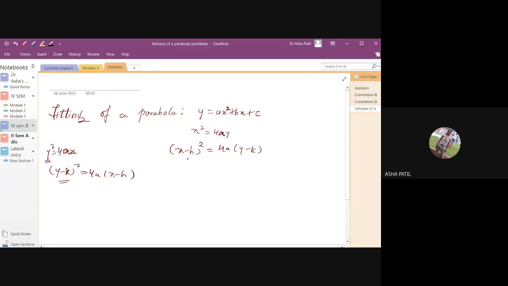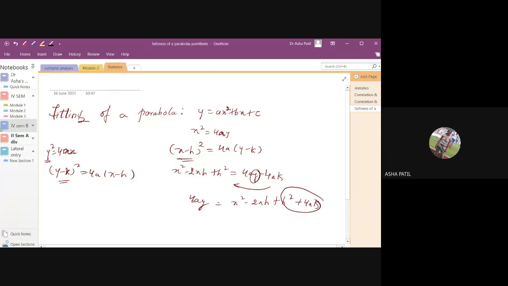Now if you expand this, there is an x square term, then minus 2xh, and we have h square, equal to 4ay minus 4ak. This is your y. We'll take the other term to the other side. So you have 4ay is equal to x square minus 2xh plus h square plus 4ak.